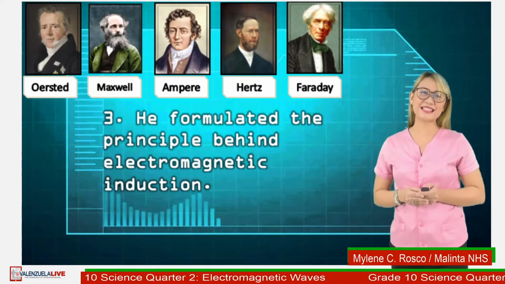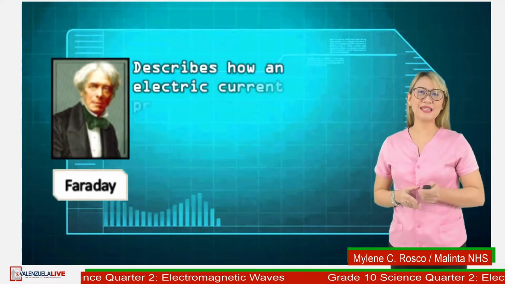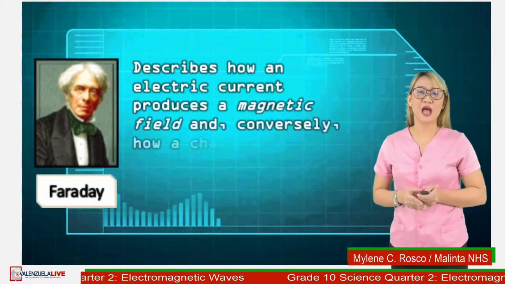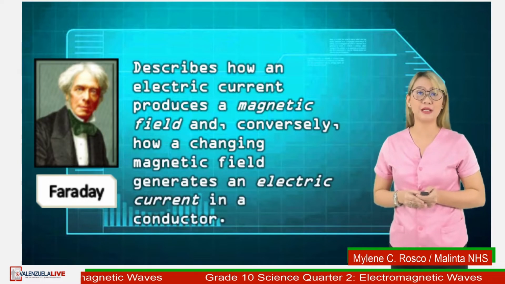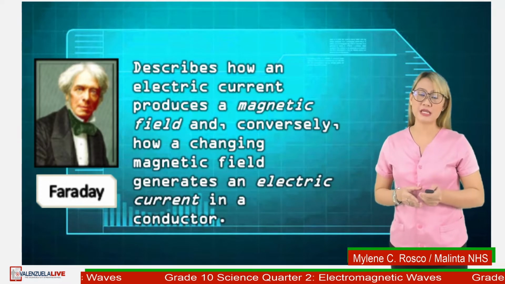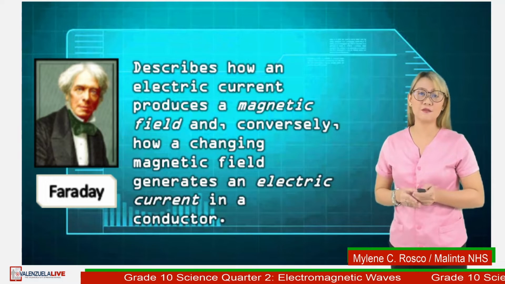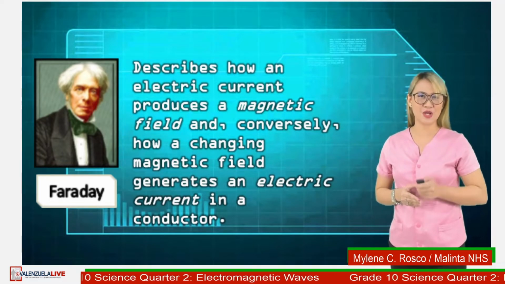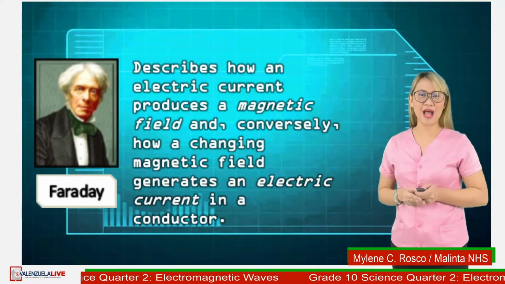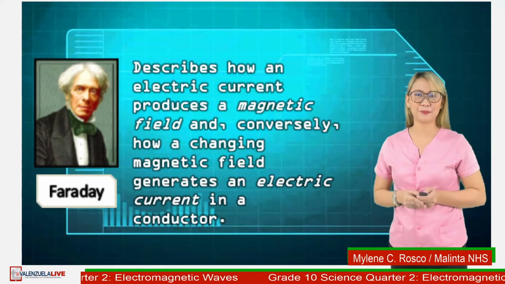The correct answer is Michael Faraday. Faraday describes how electric current produces a magnetic field, and conversely, how a changing magnetic field generates electric current in a conductor. Great job, students. Well, let's now have the next question.